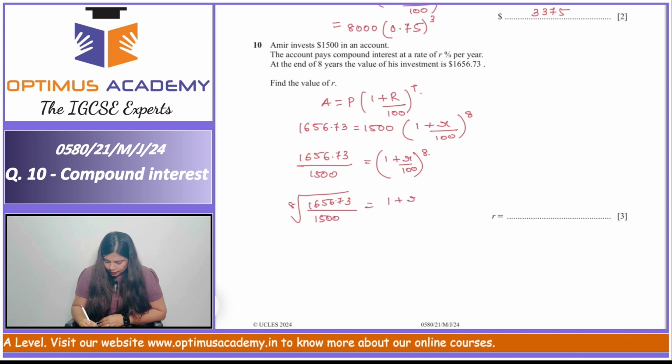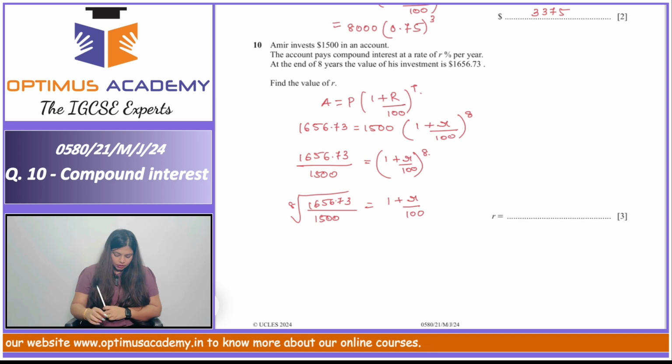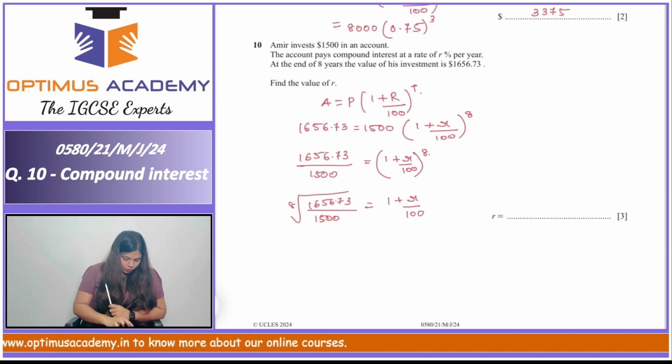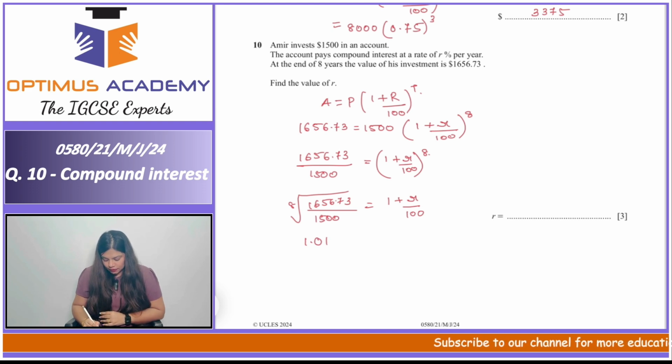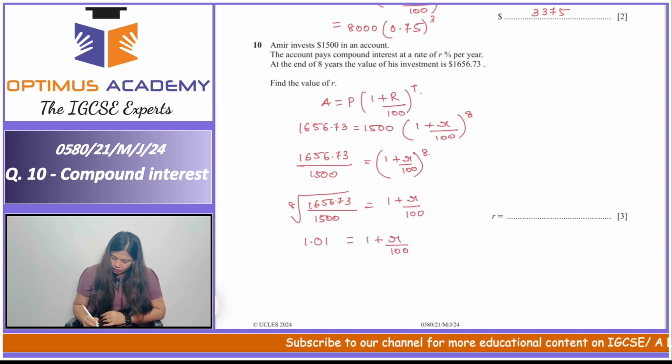Is equal to 1 plus R upon 100. So when we do it in the calculator, 1656.73 divided by 1500, 8 shift root, the answer we will get is 1.01, which is 1 plus r upon 100.